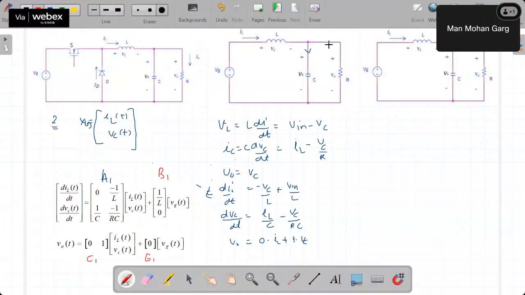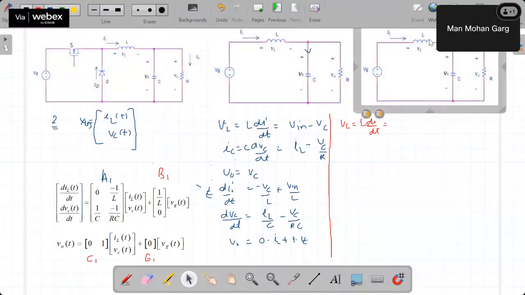Now I can do the same analysis when switch is off. So when switch is off, I again write VL equal to L di by dt, which is now nothing but, okay, sorry, I have to type in the circuit for both cases.